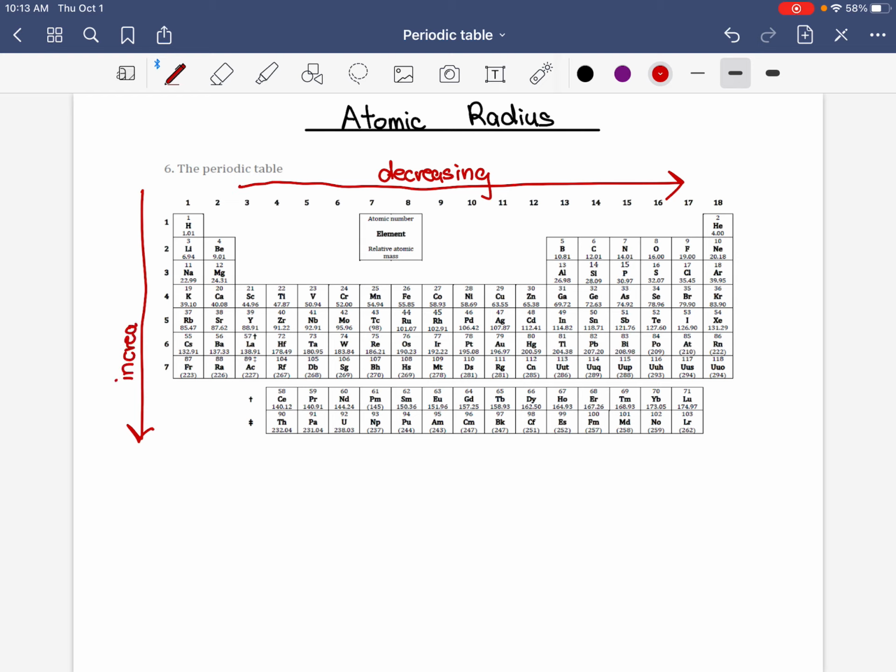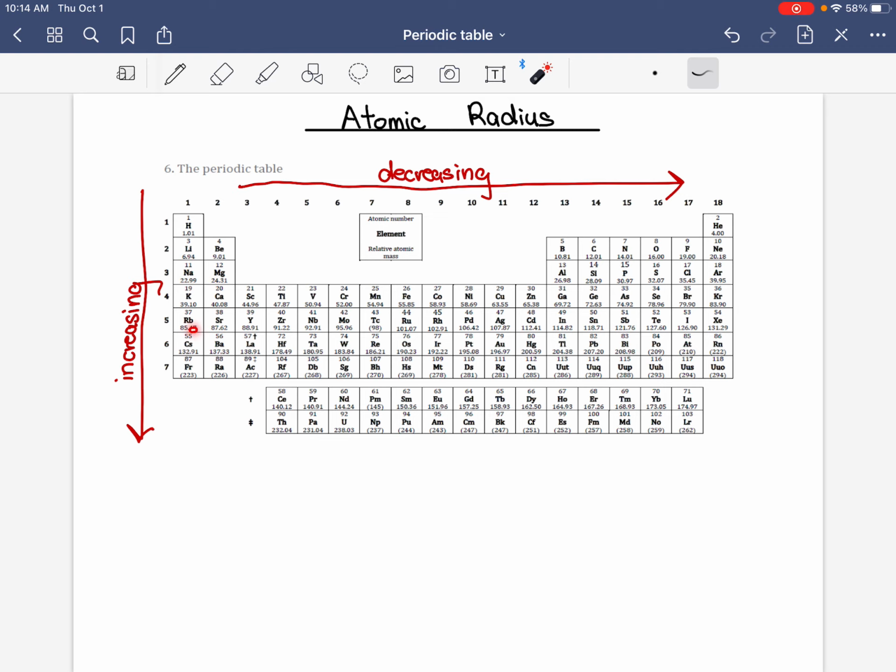It's going to get bigger and bigger as you move down the group. So if you were to compare, let's say, lithium versus sodium, sodium is bigger. You can easily tell for that one, because when you were drawing these Bohr models, these guys have an extra shell compared to these guys, so it's not surprising that these guys are bigger, isn't it?